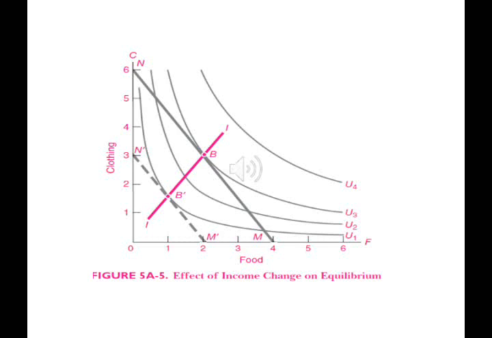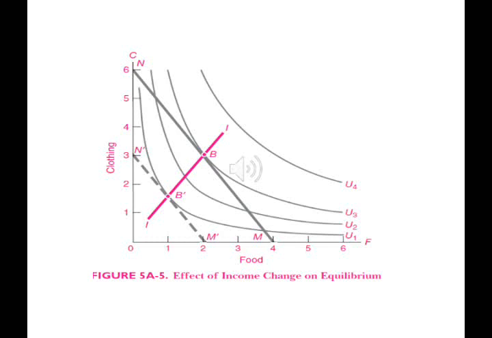It is only the income level that has changed, which is the numerator of both intercepts. This will result in a parallel shift from the initial budget line. But here it is an inward shift because the income has decreased.